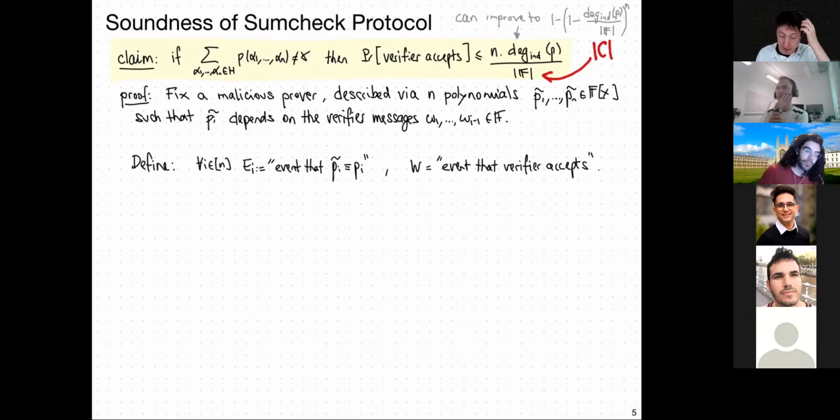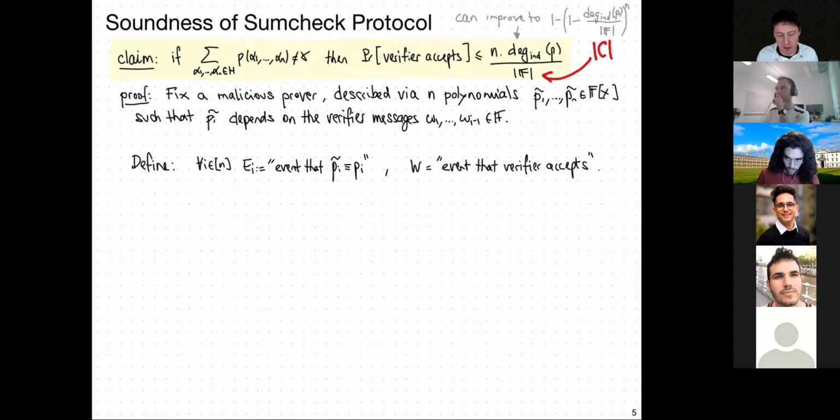We're going to define n events, where Ei is the event that in round i, the prover sends the polynomial that the honest prover would have sent. You might say, wait, what do you mean the honest prover? We are in the malicious case. Well, even for a false claim, you can still run the honest prover strategy. It will send some polynomial, call it Pi. That polynomial is the honest partial sum relative to the randomness so far.